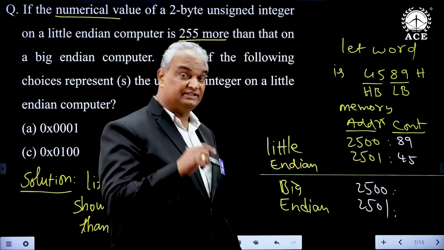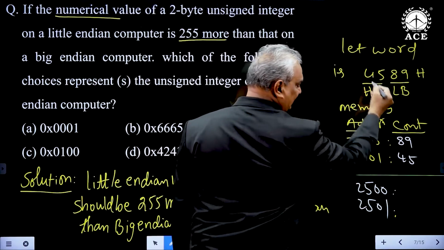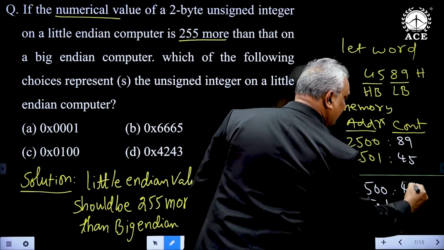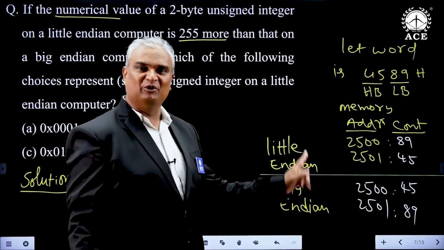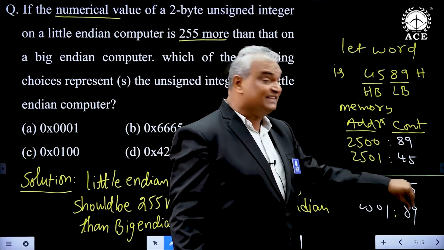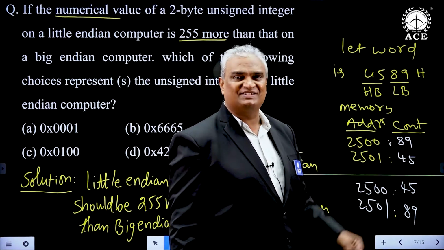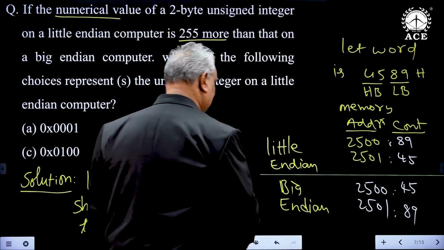If you want to store the same word in big endian system, first of all, higher byte 45. Next, 89. Memory location address is same, but you should interchange these 2 bytes. Clear? Next.